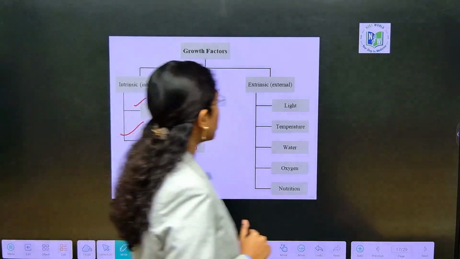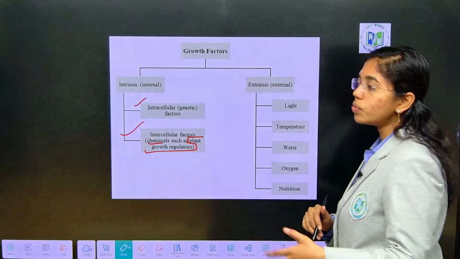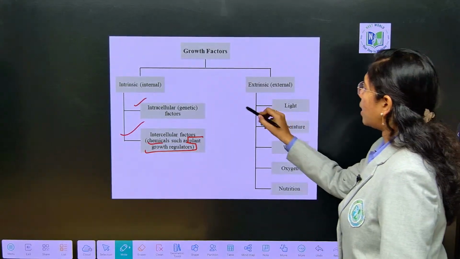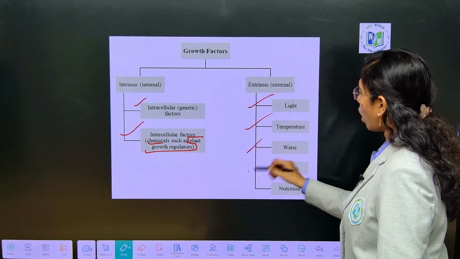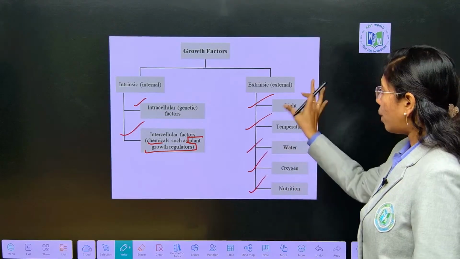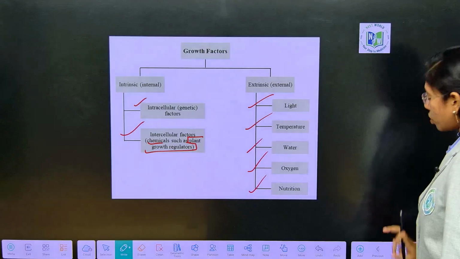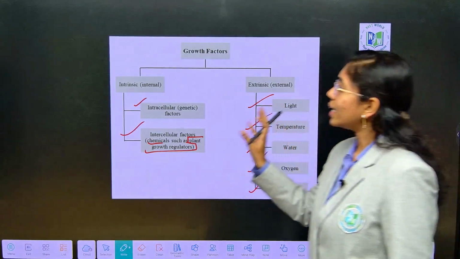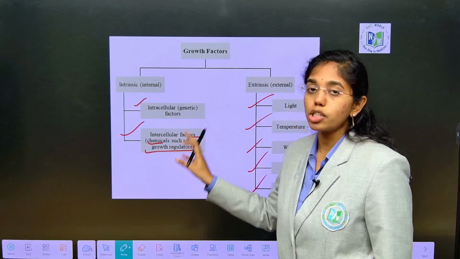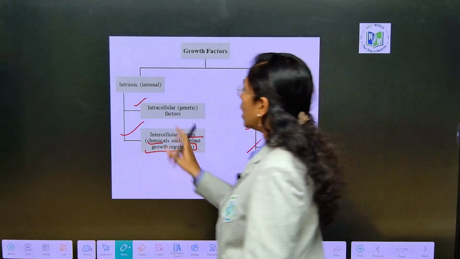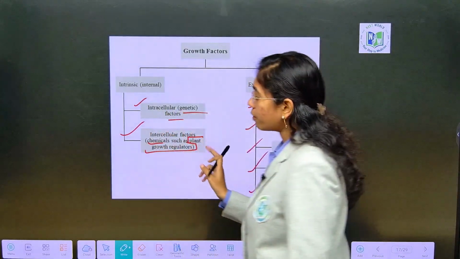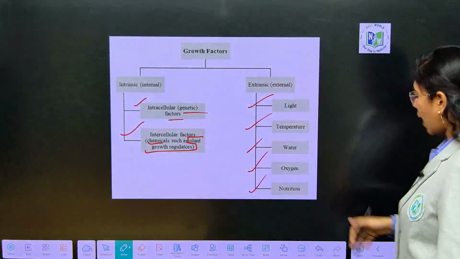And extrinsic factors which limit growth are light, temperature, water, oxygen and nutrition, about which we have learnt in detail in photosynthesis in higher plants. So, the intrinsic or internal factors affecting the growth of the plant are intracellular genetic factors and intercellular plant growth regulators.